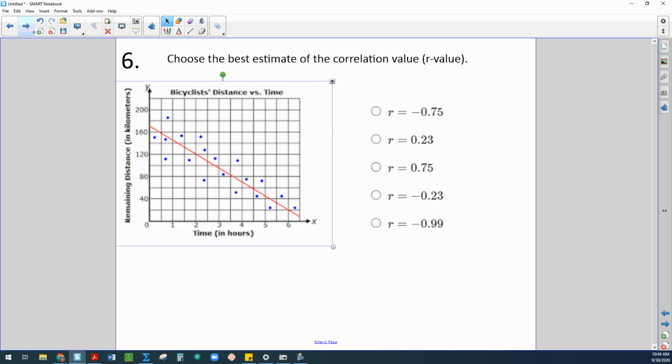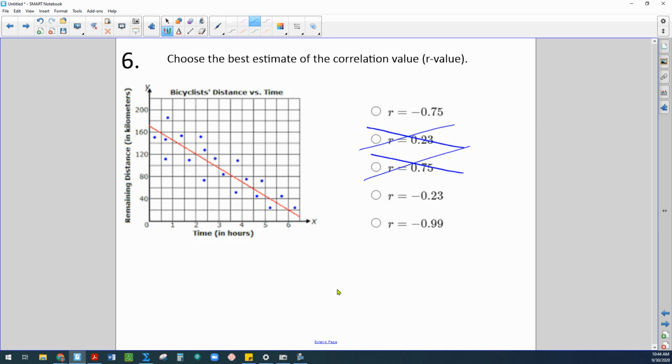For number 6, we want to choose the best estimate of the correlation value. Because the graph is going down, it's decreasing, I have to have a negative slope. So if I'm looking at a number line of negative numbers, here's 0, here's negative 1, negative 0.5, negative 0.25, negative 0.75.